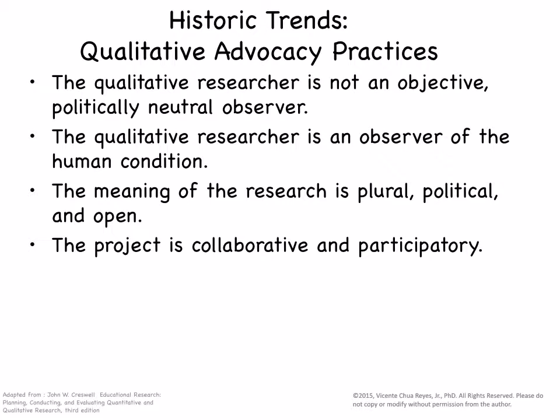If we take a look at the key question that we have identified for this particular research section, what are the factors that determine student achievement? We could actually tweak this such that we are able to highlight the advocacy practices nature that is found in qualitative research.